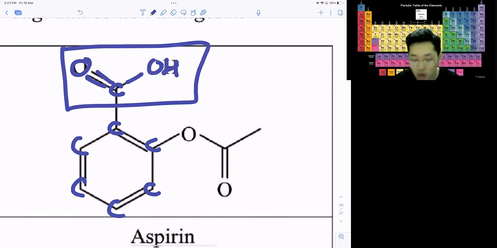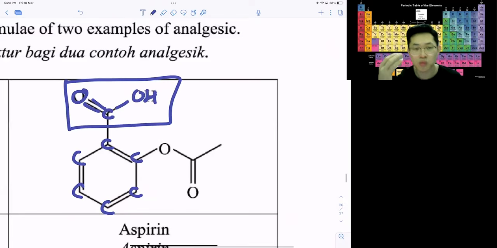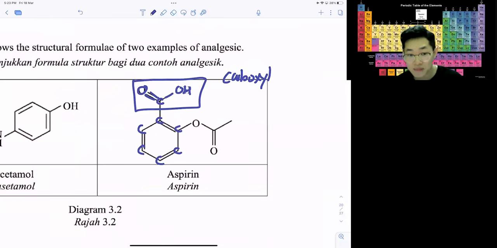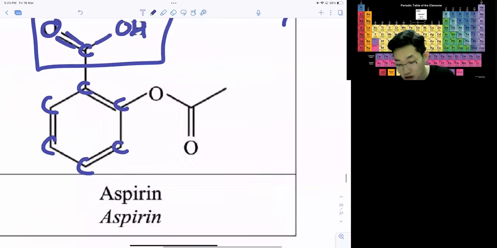So COOH is what functional group? Carboxyl, yes. Carboxyl group. Carboxyl is from carboxylic acid. So that means it's acidic.